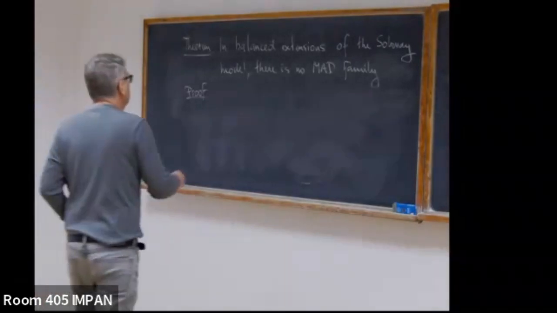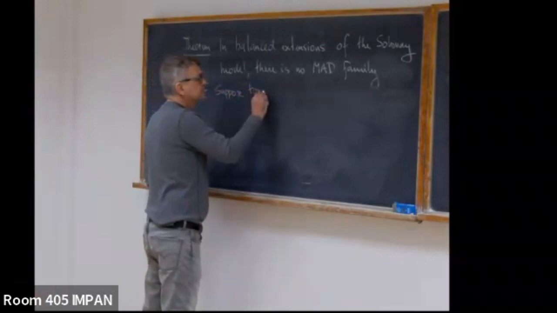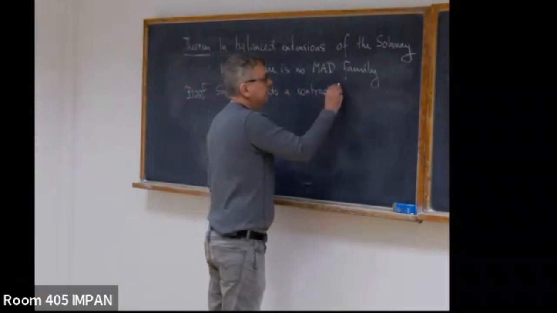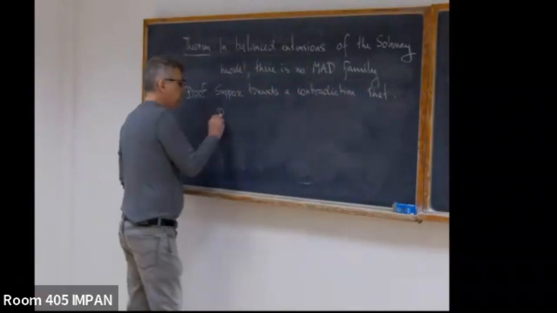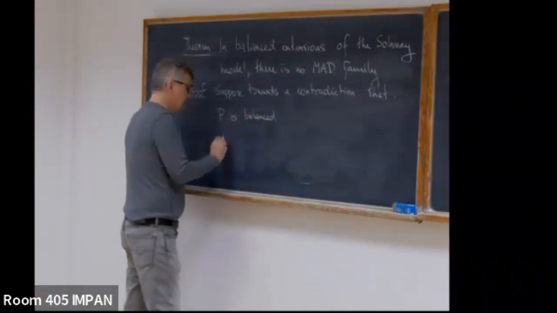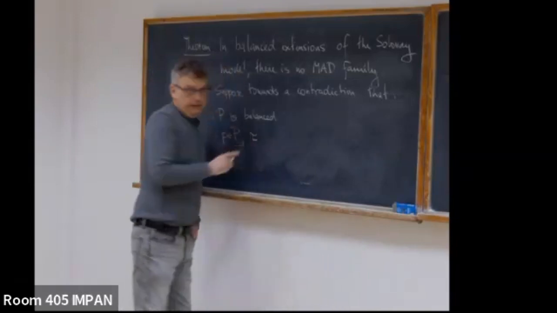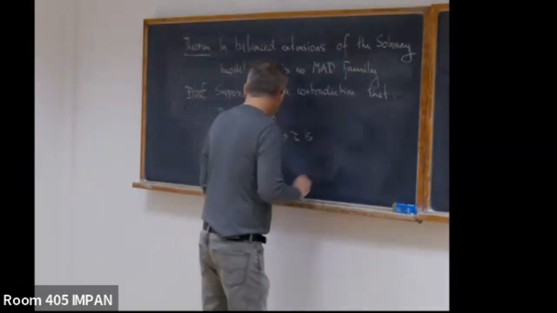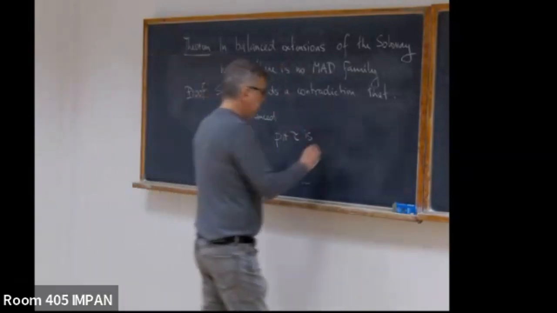So suppose for contradiction, then p-bar is balanced, and it is a condition in P, and tau is a name in the solving model.